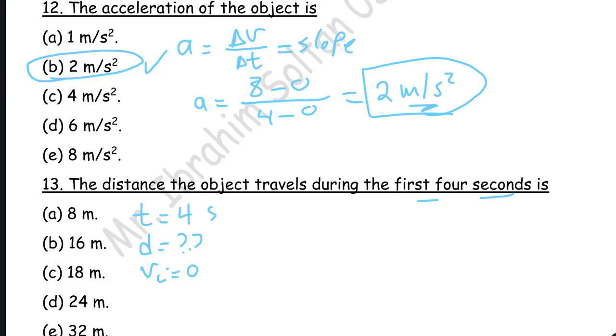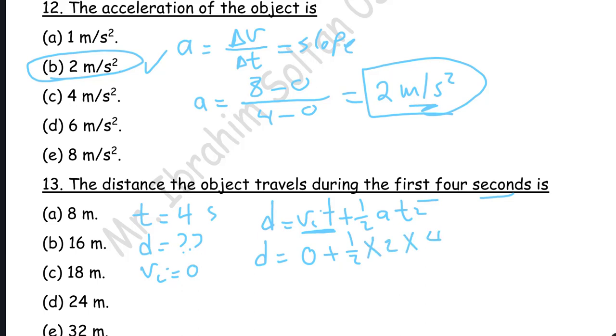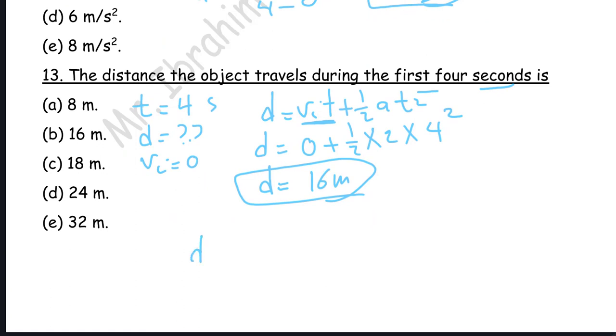So easy, we can use this one: d equals v initial t plus half a t squared. d equals v initial t, which is 0, plus half times the acceleration, which is 2, times t squared, 4 seconds squared. So distance equals 16 meters. Also, we can use the other equation, d equals v final squared minus v initial squared over 2a.